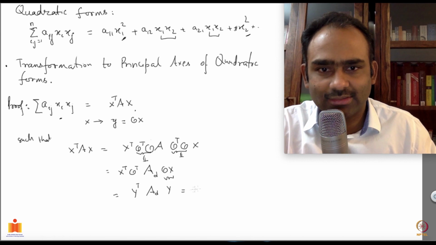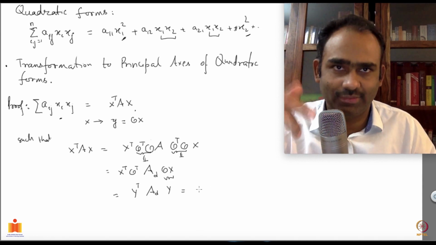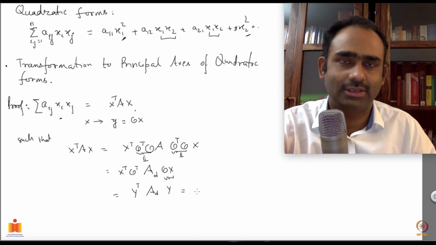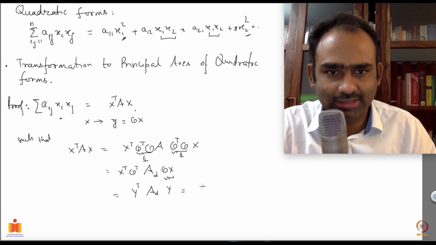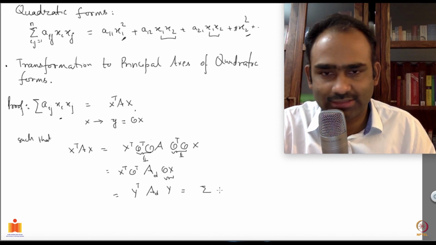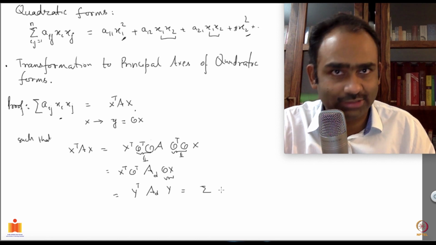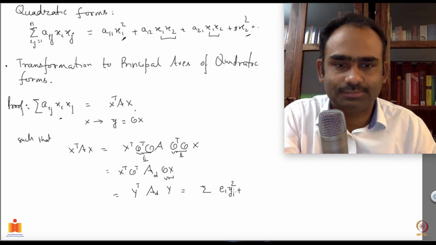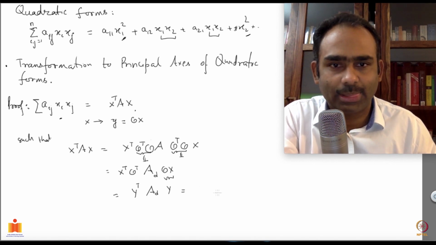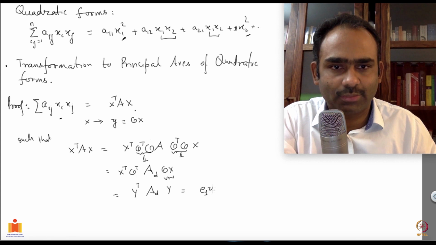If you write in terms of components, Y is a column vector. It will have entries y1, y2 and so forth. So in general you will be able to write this as the following. Let's say the diagonal entries of A diagonal are E1, E2 and so forth. So you have E1 y1 square, E2 y2 square and so on.